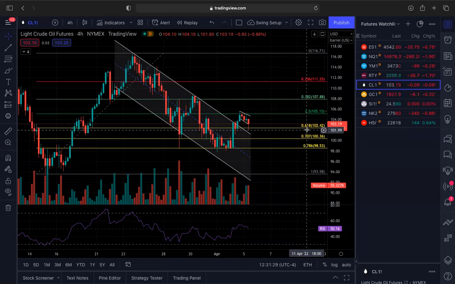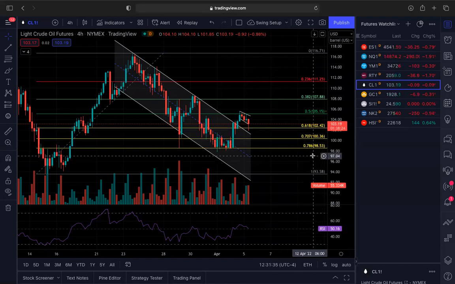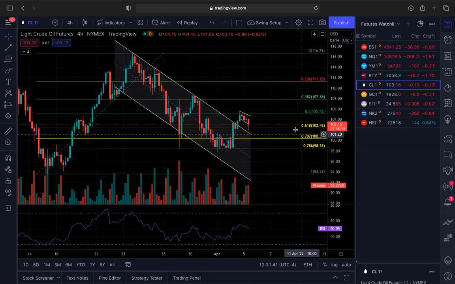There are other people that will combine the 61.8% fib and the 78.6% fib, and that forms their golden pocket. So they combine these two fibs to make the golden pocket. Other traders use the 0.707 fib, or excuse me, they incorporate that into their golden pocket, and then they combine all three, and that makes the golden pocket.